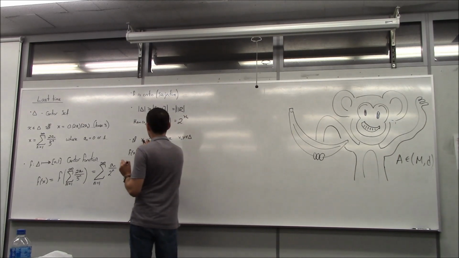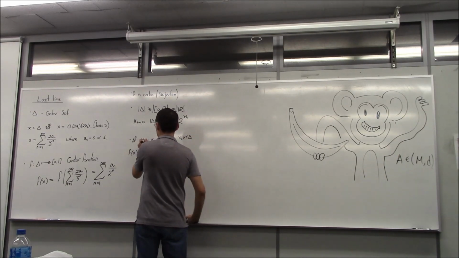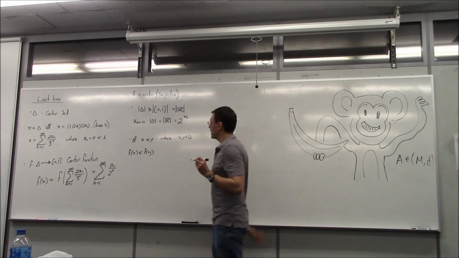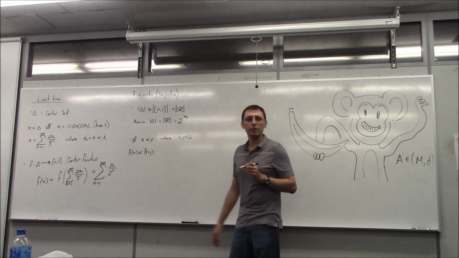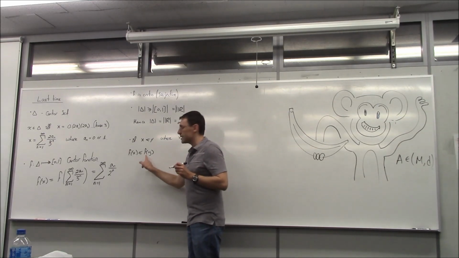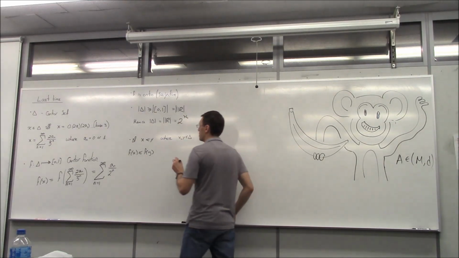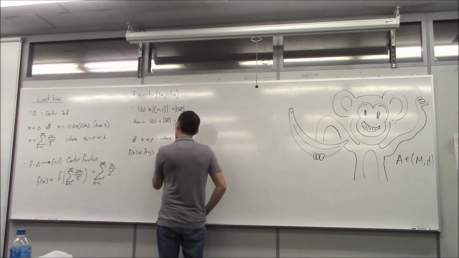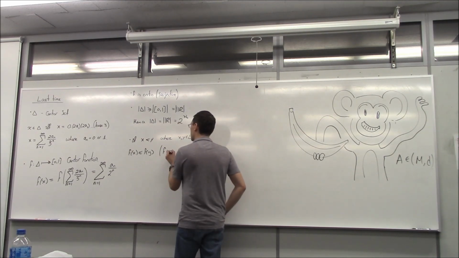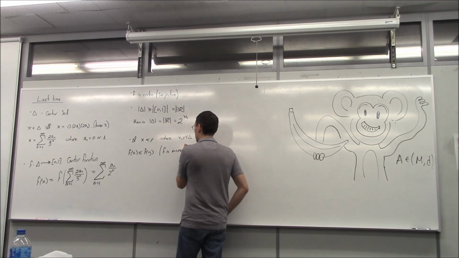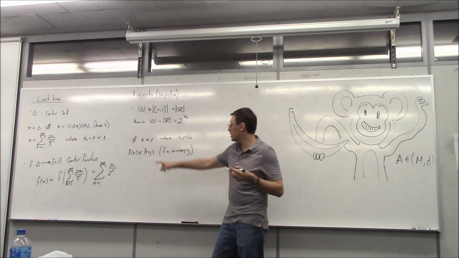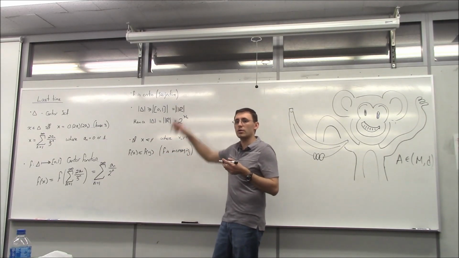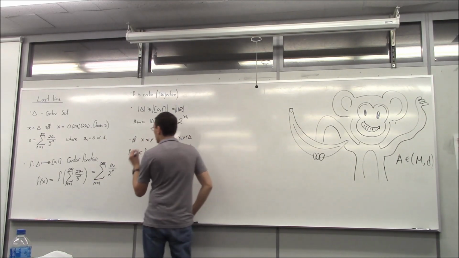Maybe I'll just make strict inequality, otherwise it's not interesting, right? So if there is a strict inequality, so x is a point in the Cantor set strictly smaller than y, then f of x is less than or equal to f of y. This means f is increasing. So it's an increasing function, or maybe in calculus you call it non-decreasing, because it stays either at the same level or goes up.